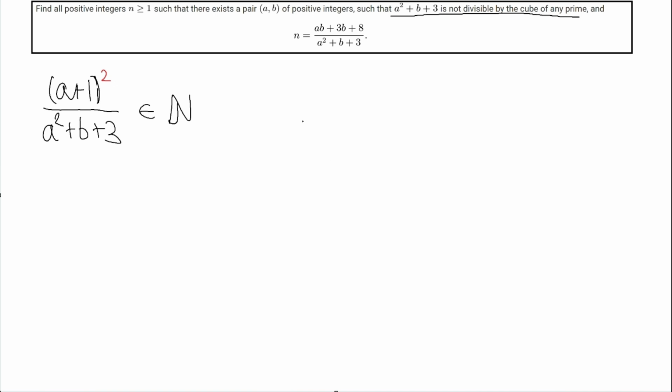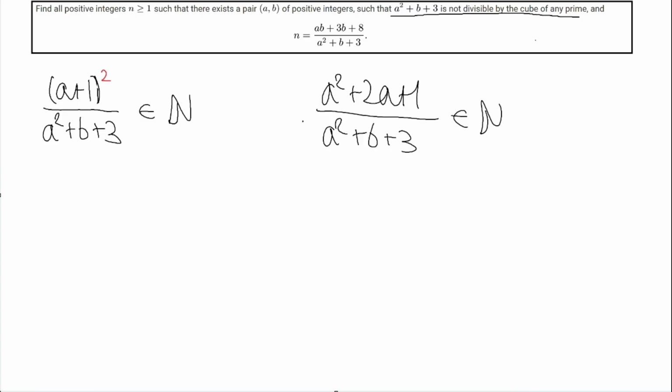If we expand (a plus 1) squared, then we get (a squared plus 2a plus 1) over (a squared plus b plus 3) is a natural number. And we can get rid of the a squared term because that's what dominates the numerator.